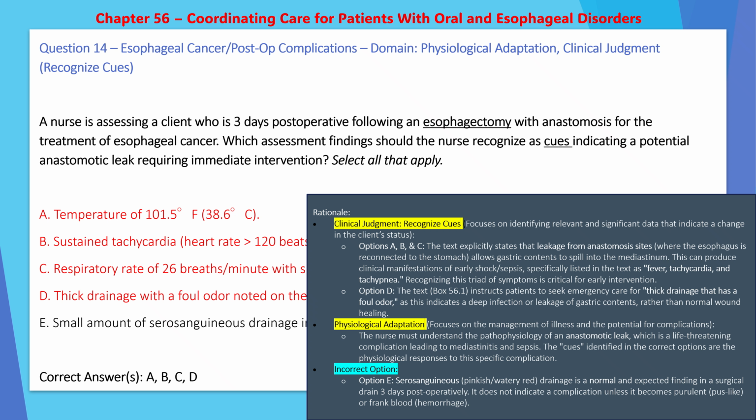So for physiological adaptation, which focuses on management of illness and potential for complication, the nurse must understand the pathophysiology of an anastomotic leak, which is a life-threatening complication leading to mediastinitis and sepsis. The cues identified in the correct options are the physiological response to this specific complication. So, next question.